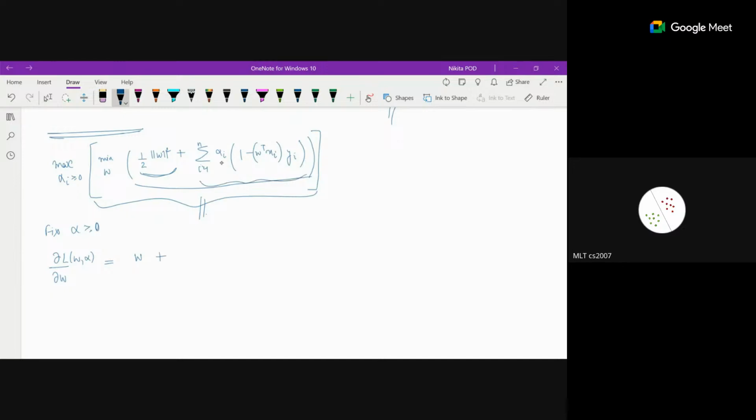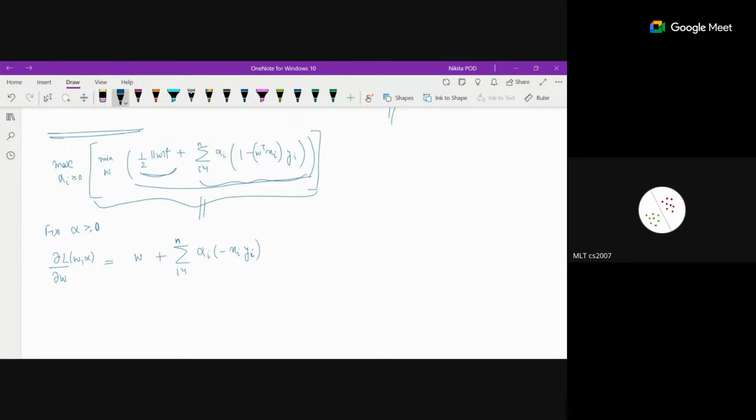The alpha I yi term will be just 0. Then you are left with minus of alpha I xi yi. So W plus sum over alpha I minus xi yi, with I varying from 1 to n. This is what we get.